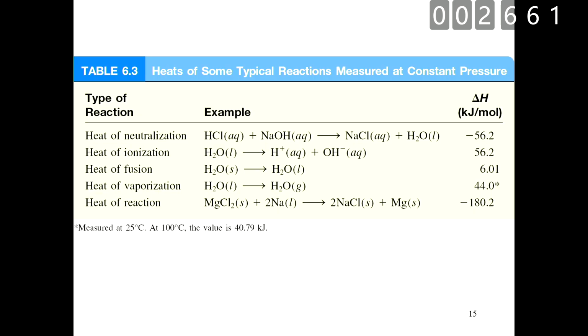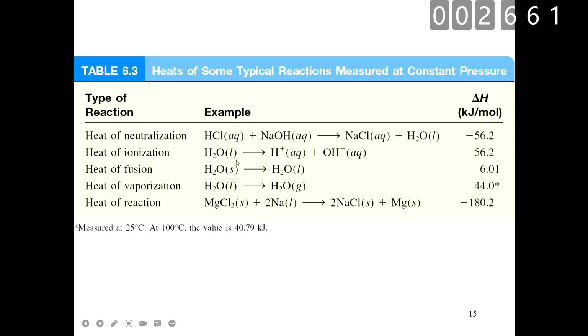Okay, this table shows some reactions and their energy changes. For this acid-base reaction, because this is an acid and this is a base, it can release heat.